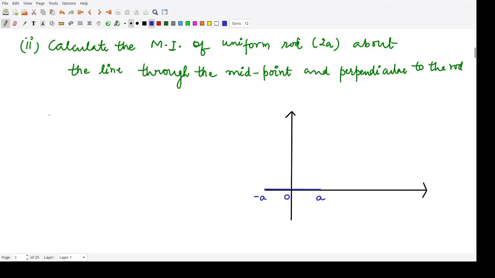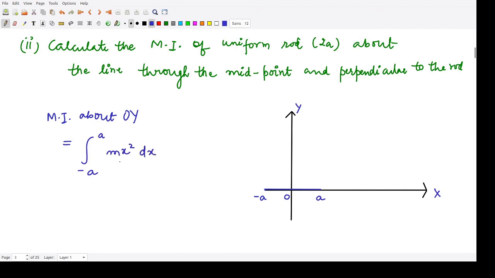So here, to calculate the moment of inertia about this, this is OY, this is OX, right? About this line OY, the integration would now be from minus a to a, then m x square dx.